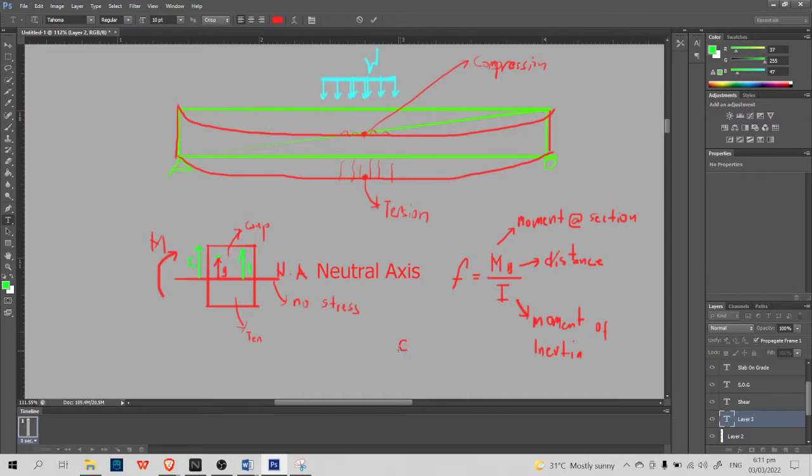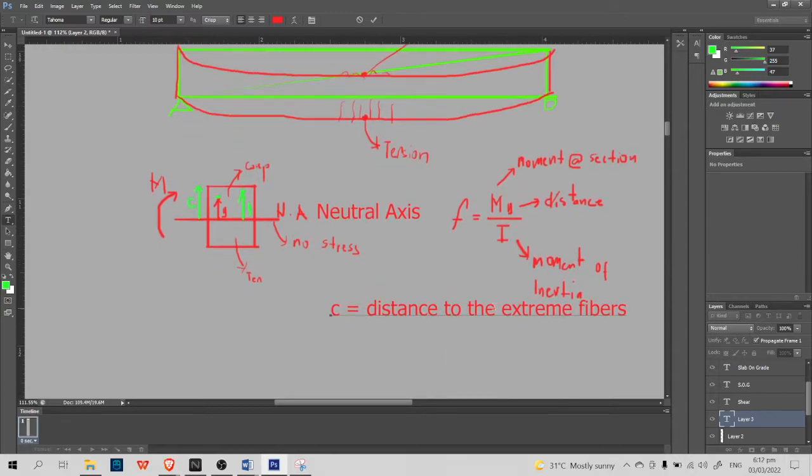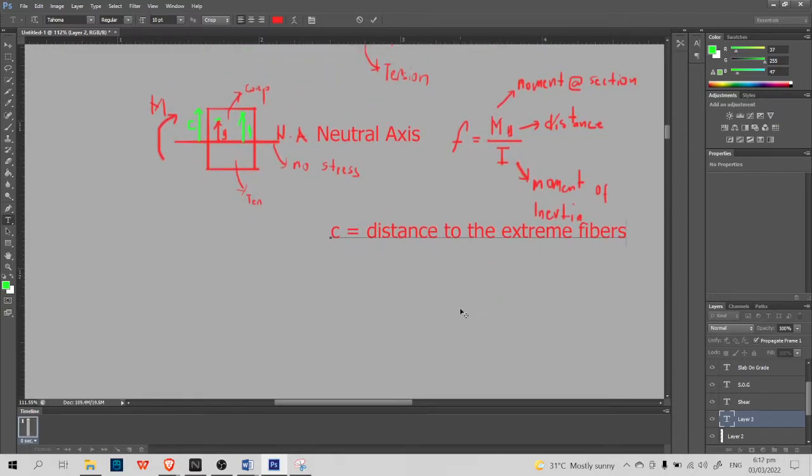C is equal to the distance to the extreme fibers. So, usually, minsan, yun lang naman yung pinaka-concern natin.